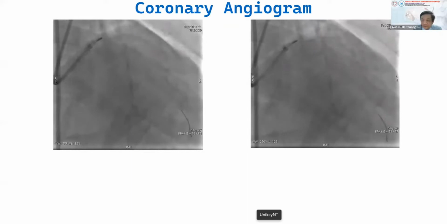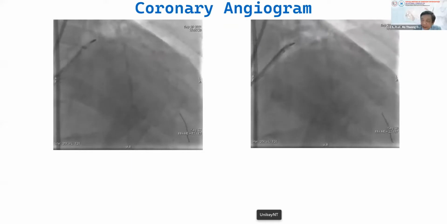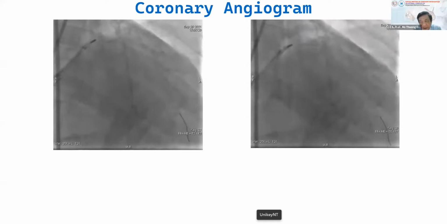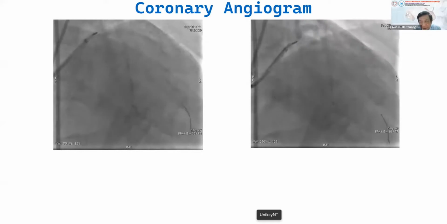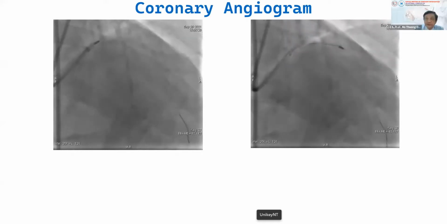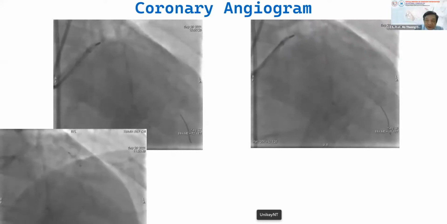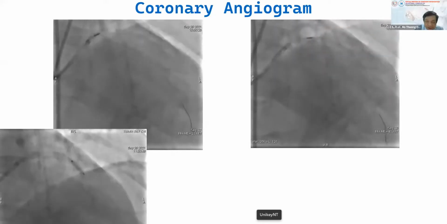And it goes smooth with the high speed, about 180 to 190 thousand rounds per minute. After we do rotablation successfully, we do a pre-dilatation.